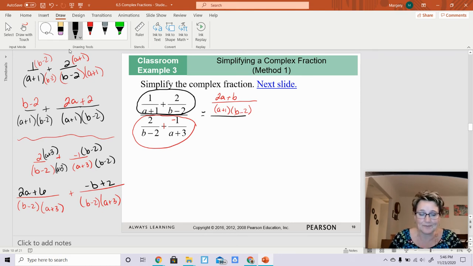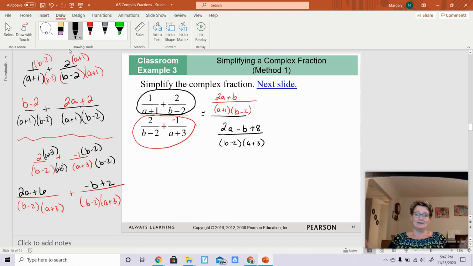So now, my common denominator is b minus 2, a plus 3. And I get 2a minus b plus 6, plus 2, which is plus 8. Oh my goodness, we got to still go.